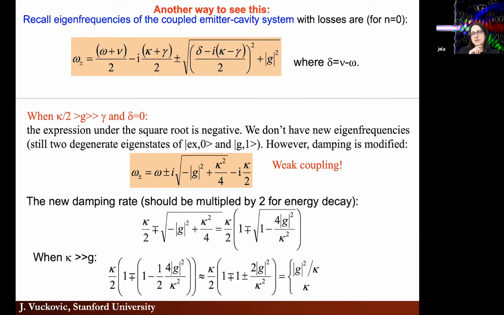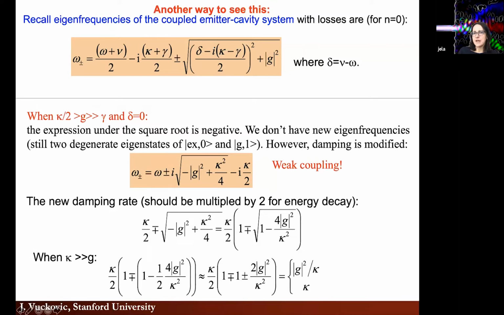This tells us that when the atom is tuned on resonance with the cavity, the atom is still coupled to the cavity, and both of them will be at the same frequency, omega, that's the real part here. So there are two eigenstates with the same real part of frequency. One is atom, one is cavity, but they decay with different rates. One will decay with the rate kappa, and the other with the rate G squared over kappa.